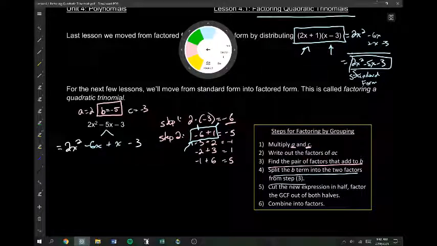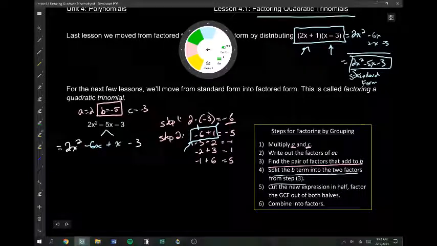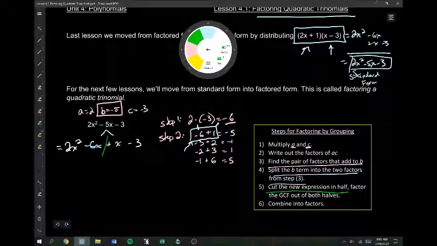Now, all that's left is to pull out some greatest common factors. So I cut the new expression in half. This is me doing step 5. Cut the new expression in half and factor a GCF out of both halves. So I look here and I ask, what do these have in common that I can pull out? 2x squared and negative 6x have a GCF of 2x.